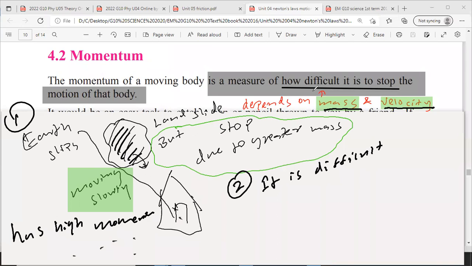You can write within brackets: it is a measure of how difficult it is to stop the motion of an object.